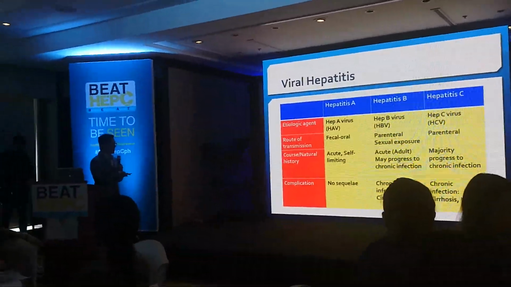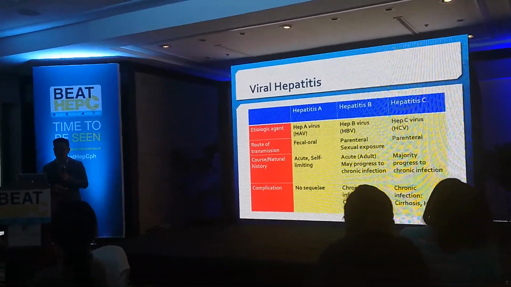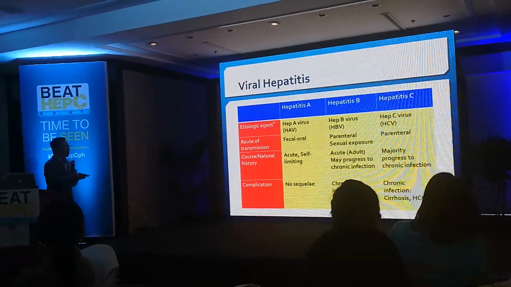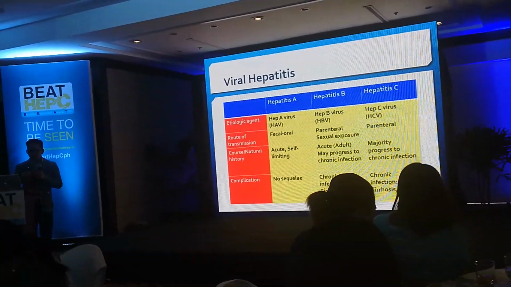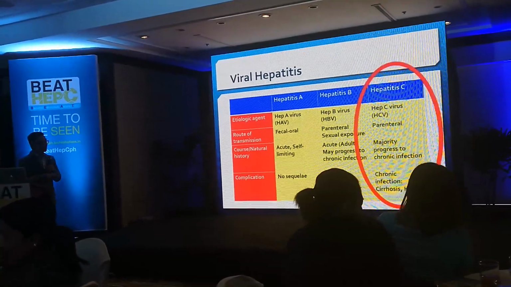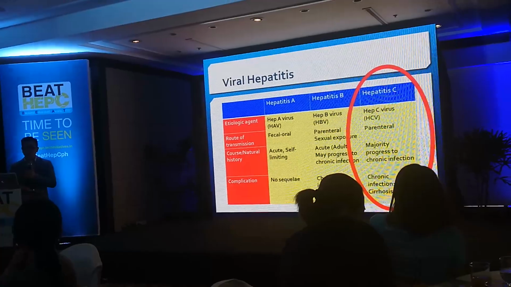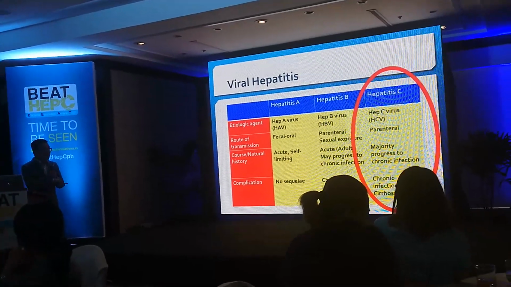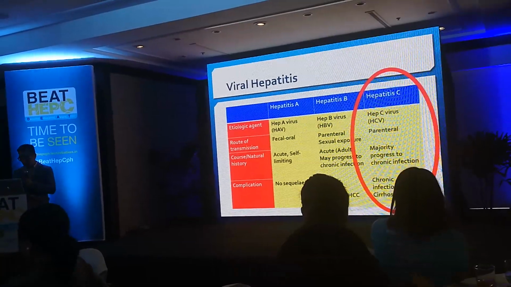What Mr. Calleja was discussing earlier, the one acquired from food, is an example of hepatitis A infection. But hepatitis B and hepatitis C have the same route of transmission, parenteral. I'll be limiting my discussion to hepatitis C infection.